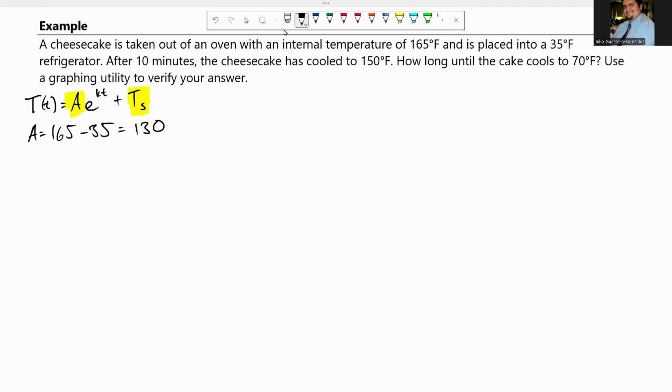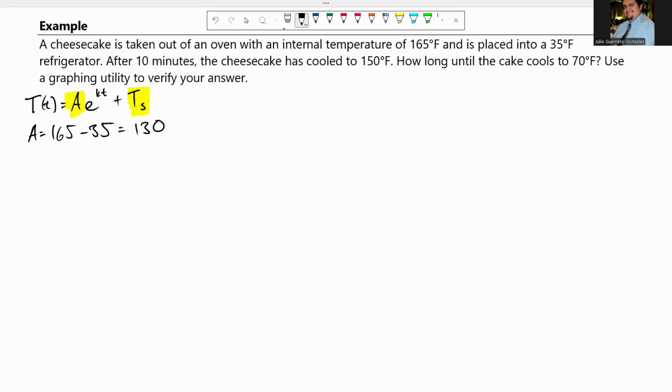Notice the order I'm putting it in: the initial temperature minus the temperature of the surroundings. I'm taking this cheesecake, which is already at 165 degrees, and putting it into a fridge at 35 degrees, so it's going to be the initial minus the ambient.